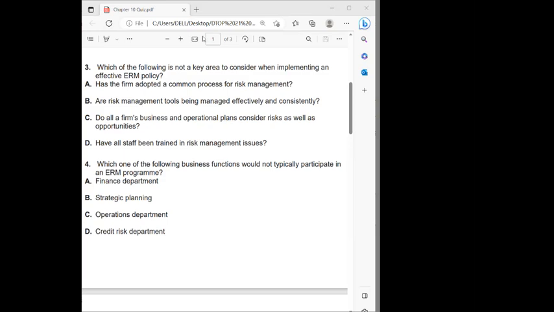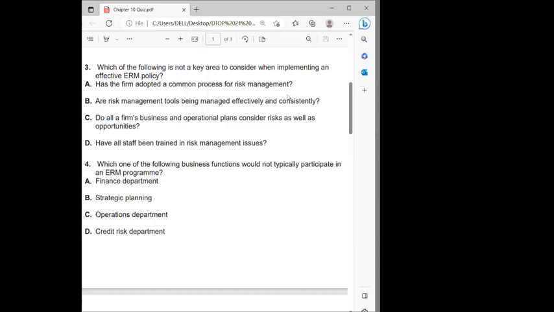I still have 4 responses. Let's see. Question. Which of the following is not a key area to consider when implementing an effective ERM policy? Right? Remember the keyword, not. Not a key area.